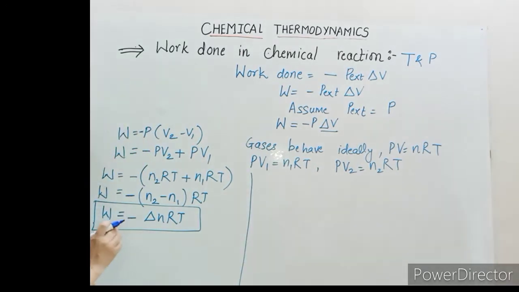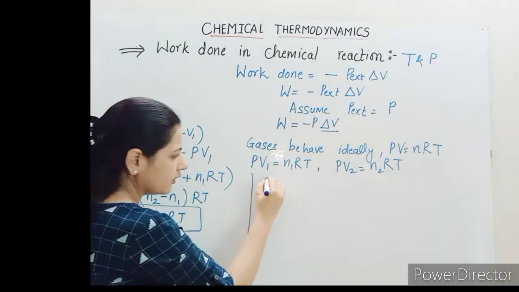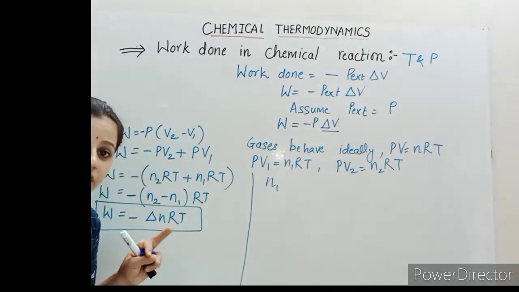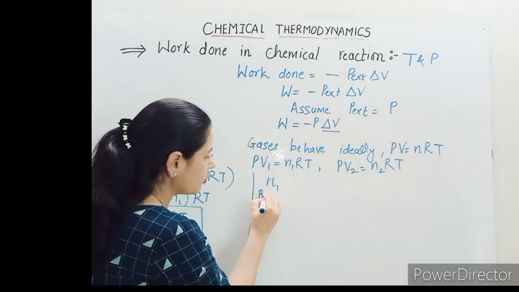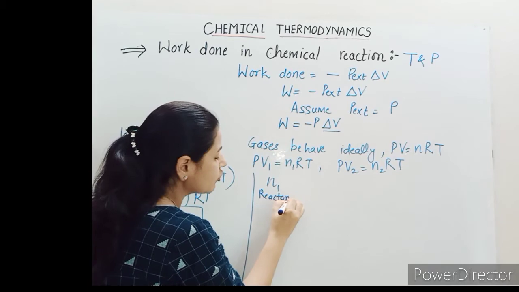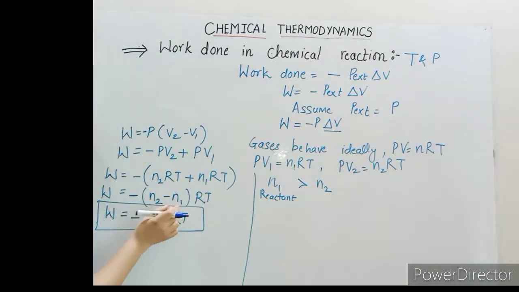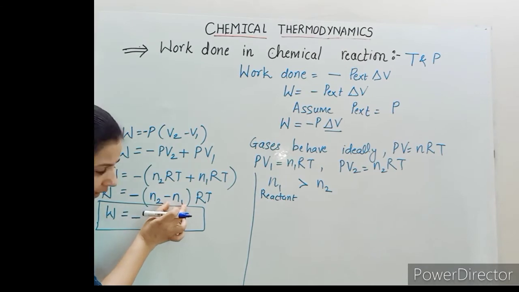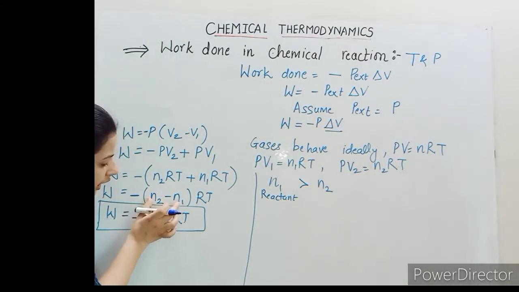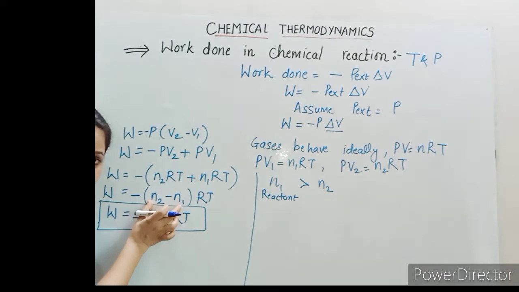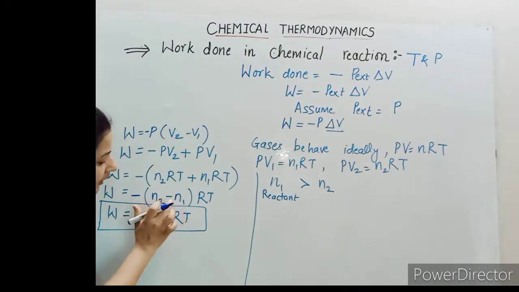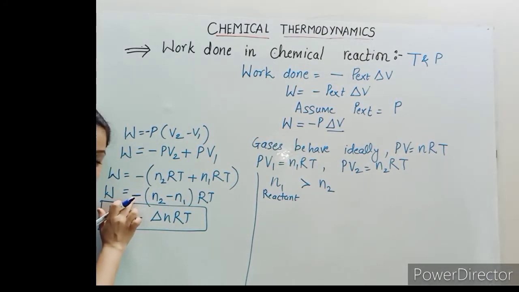Now in this case, N1 means the number of moles on the reactant side. So if this N1 is greater than N2, तो यहाँ जो आंसर आएगा वो क्या हो जाएगा, this will be negative, and negative answer plus again into a negative sign.